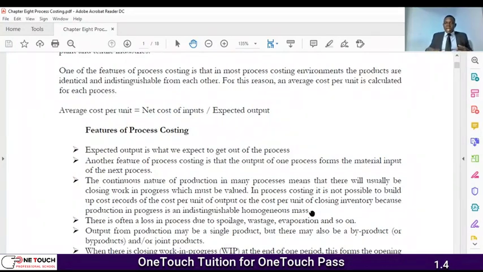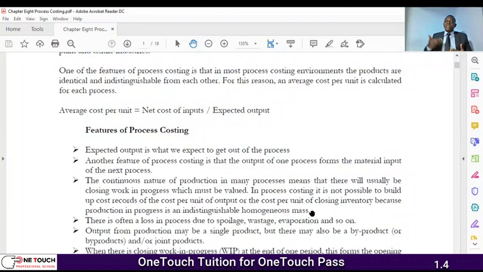Okay, good. And the main point here is that because it's a continuous process, it means that at the end of the year, there may be some materials in the process that are yet to be converted into finished goods. However, they might have gotten to a certain stage of the production, hence the name work in progress.